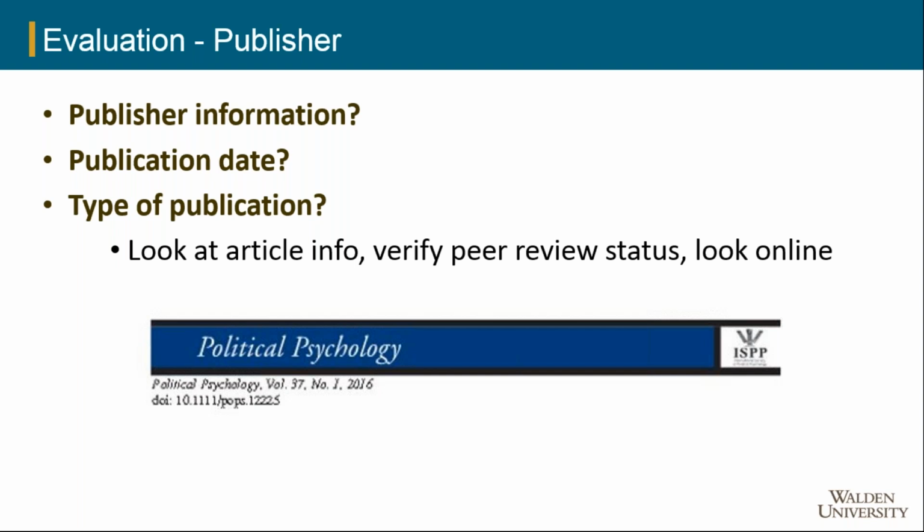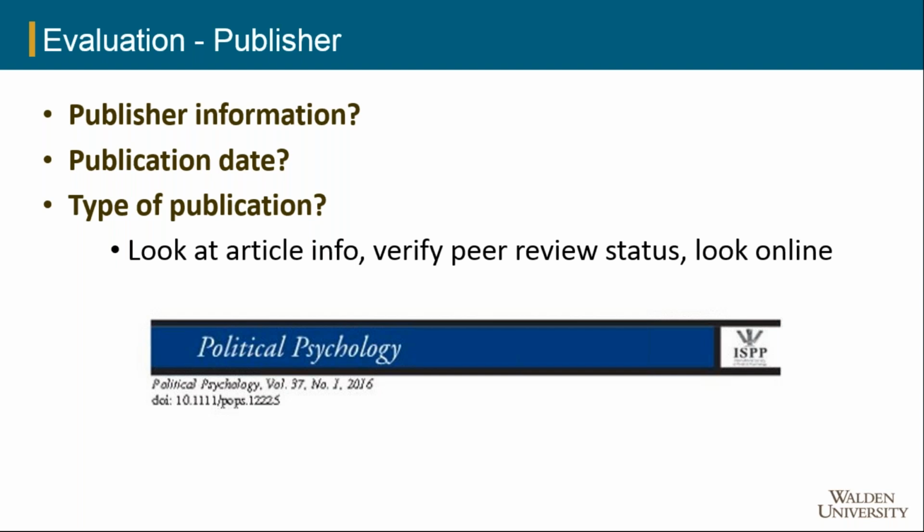So I know in a lot of Walden assignments, and if you are a doctoral student at Walden, you're probably aware that you always want to focus on current research, which is usually defined as being from the last 5 years. That's not an arbitrary thing. There is a reason why Walden wants students to focus on current research, and that's because research is always evolving.